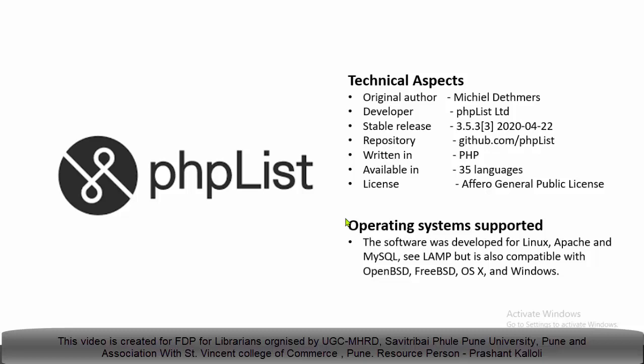Its translation is available in 35 languages. It is compatible with Windows, Linux, OpenBSD, FreeBSD, and OS X. The great thing is you can use XAMPP, WAMP and LAMP to implement phpList. It is very easy to install phpList on your server, computer and hosting services.